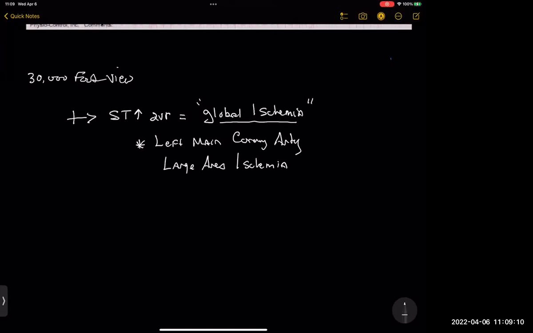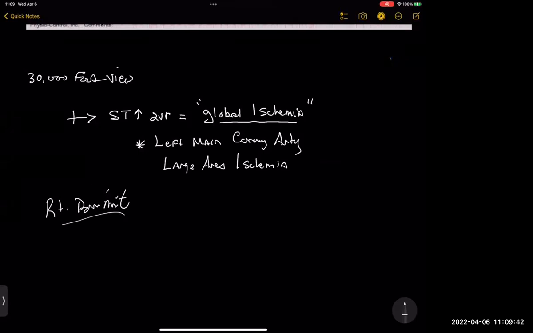And what can happen is, depending on the dominance of circulation, if someone is highly right dominant, we talked about left versus right and co-dominant, sometimes they can get a little bit of perfusion of the left side of the heart coming off the right coronary artery, and it can kind of prevent these substantial in-your-face changes from occurring on the 12-lead ECG.